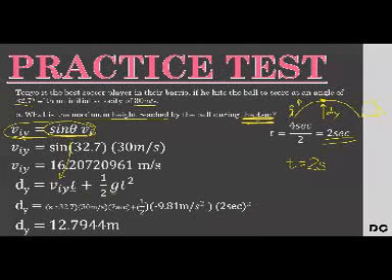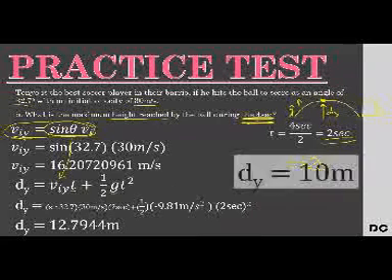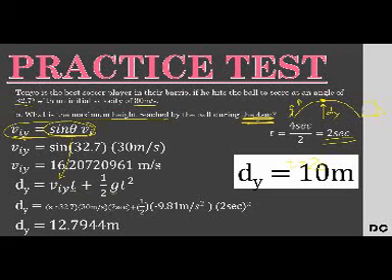The least number of significant figures is only 1. So from 12.7944, we round this to 1 significant figure, and that is equal to 10 meters. So dy, or the maximum height, is equal to 10 meters.